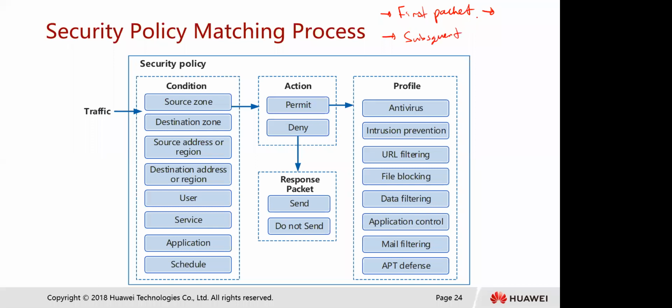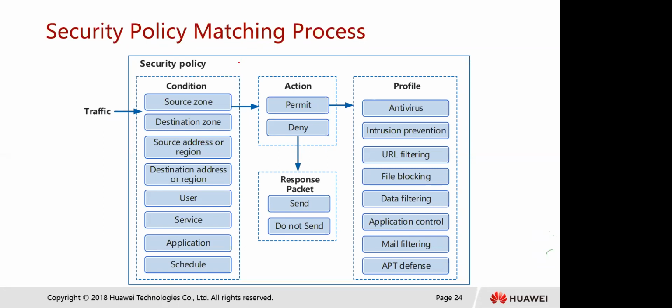It checks it against the security policies, right? And then a session is created. And for the subsequent packets, the firewall does not match the packets with security policies. Yes, it does not match our packet header with our security policies. All right. So now let us look at the matching process.